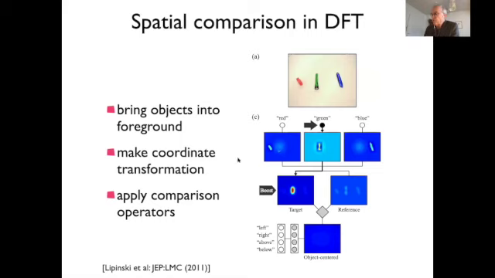And so what this shows here is the 3 things that you need to now make spatial comparisons within a neurodynamic architecture. So one thing is that you have to bring the objects that you're talking about into the foreground. Now, for instance, if you want to talk about the green object, you have to be able to select the location at which the green object is to then compute anything on that location, for instance, spatial relations, right? So that's visual search. So you have to do visual search. The other is coordinate transform.